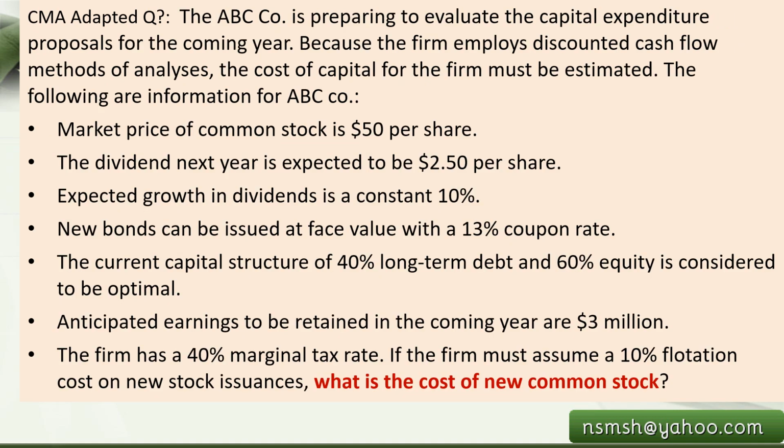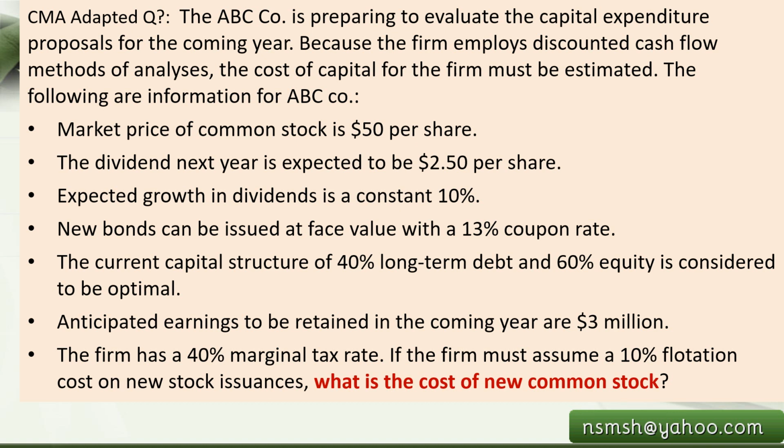And another question: ABC company is preparing to evaluate the capital expenditure proposals for the coming year. Because the firm employs discounted cash flow methods of analysis, the cost of capital for the firm must be estimated. The following is information for ABC company. Market price of common stock is $50 per share. The dividend next year is expected to be $2.5 per share. Expected growth in dividends is a constant 10%.